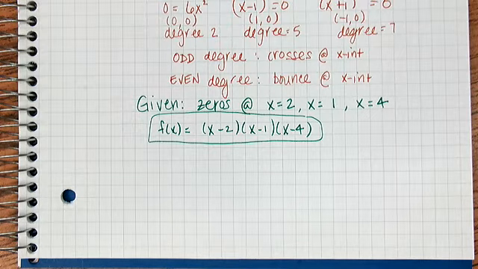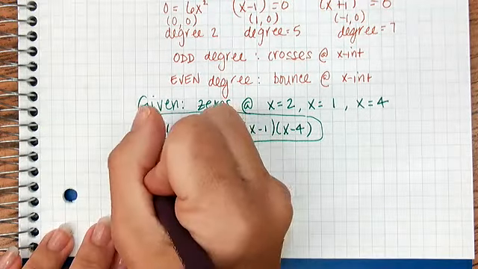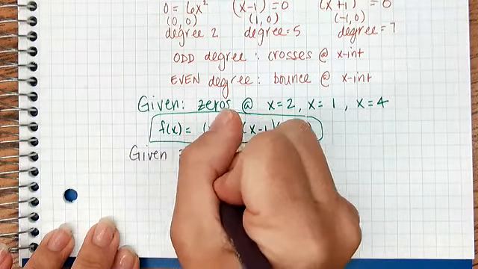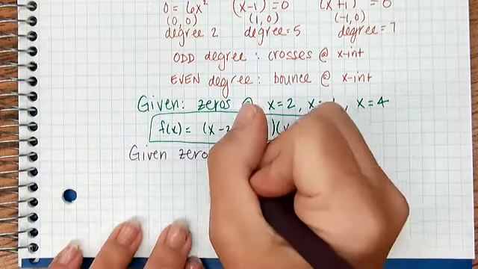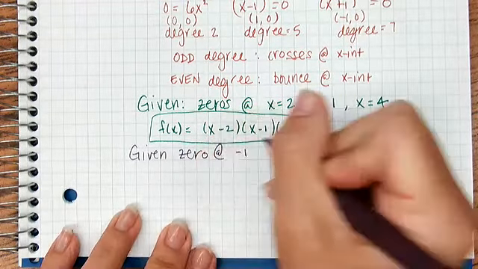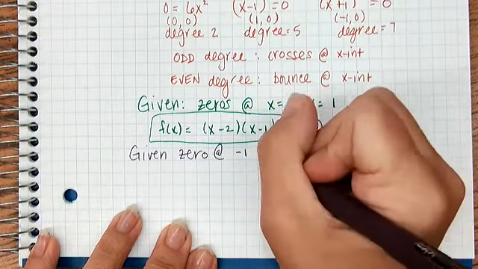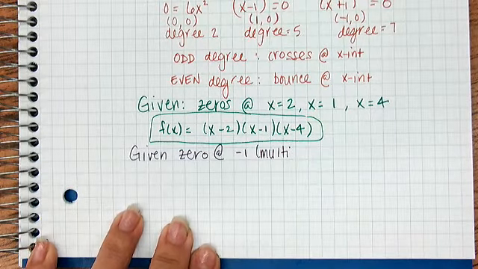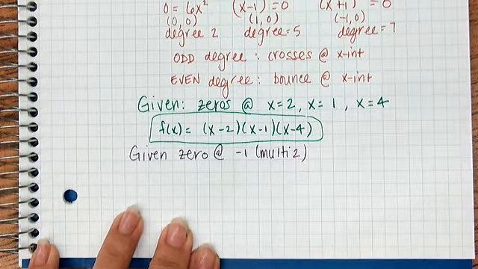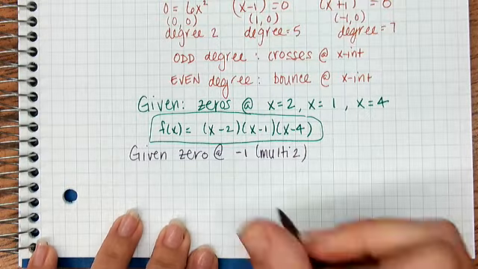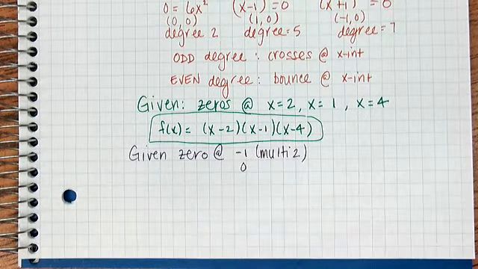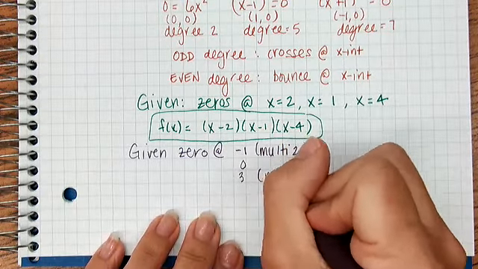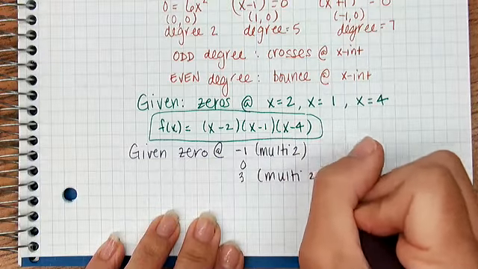Let's do something a little bit more specific. Let me tell you this time that you are given a zero at negative 1, but I'm going to tell you that the multiplicity is 2. And then you have a zero at 0. And you have a zero at 3, also with a multiplicity of 2.